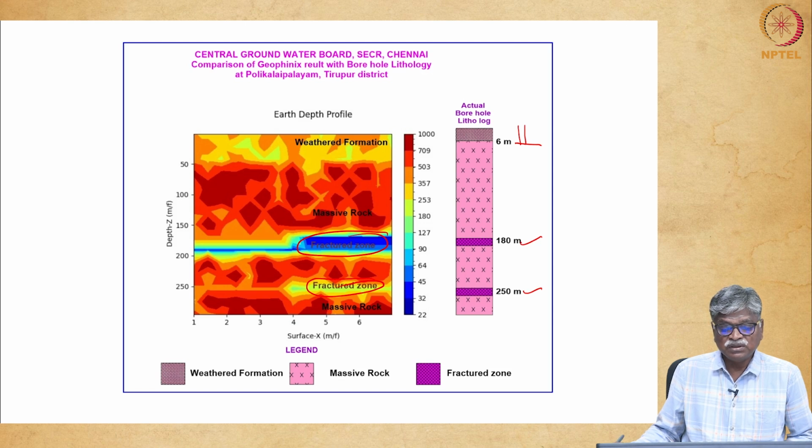Wherever we did the geophonics, there we also did the electrical resistivity survey of vertical electrical sounding. We correlated our VES data with the geophonics long range data. It is almost matching.